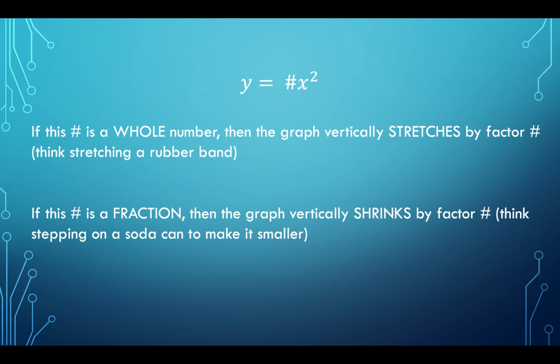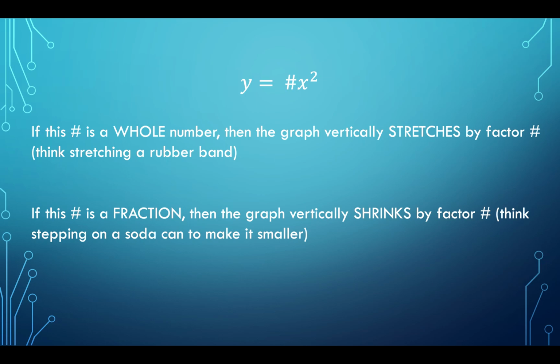Think of it as stretching a rubber band. When you pull it apart, it's getting bigger. That's what's going to happen with this graph. And if this number is a fraction, then the graph is vertically shrunk by a factor of whatever that number is.